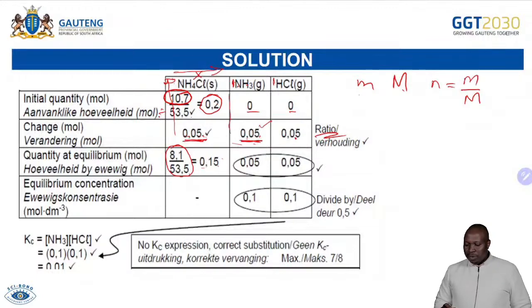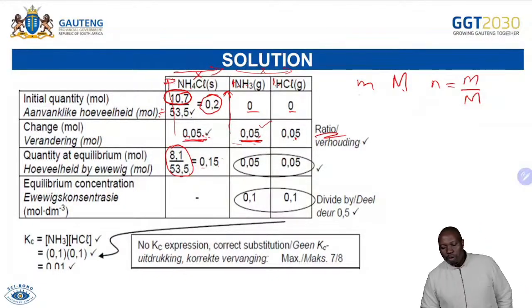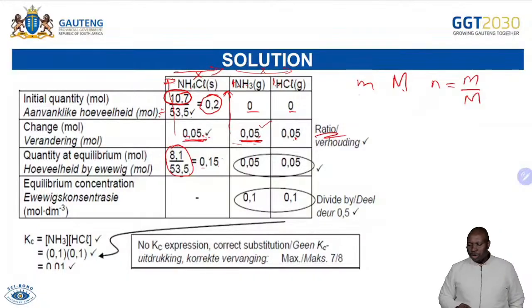So when you go up, you divide by the ratio. When you go to the right, you multiply by the ratio of the one you want. Hence, because they are 1:1:1, you see your change is 0.05, 0.05, 0.05, because your ratio is the same. So always the change is in accordance to the ratio, and there is 1 mark for doing that.